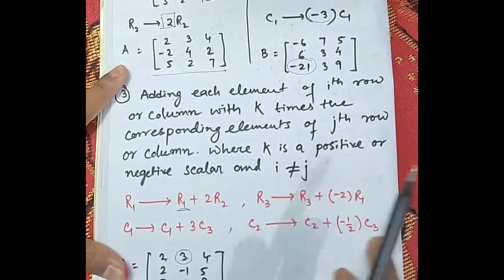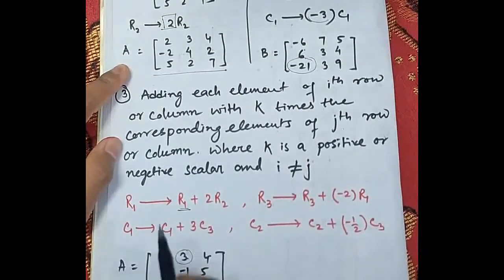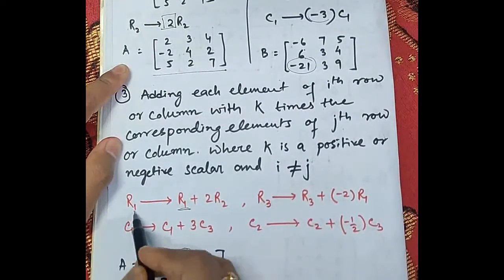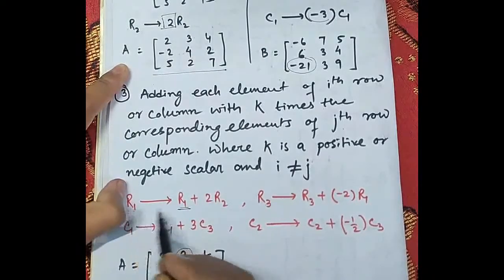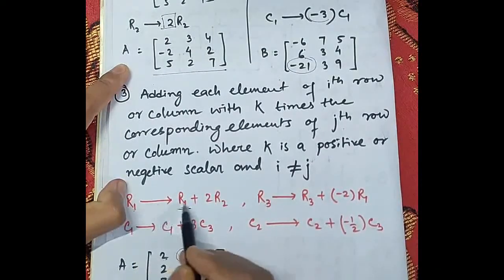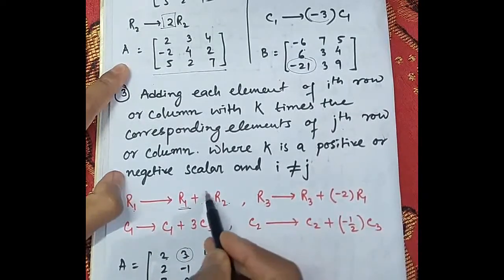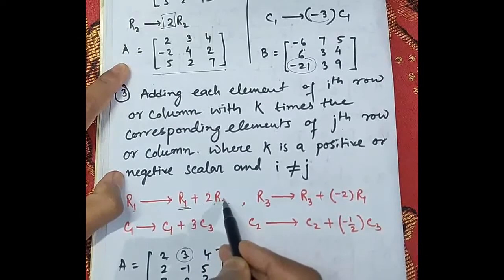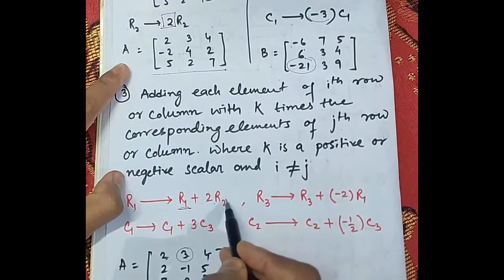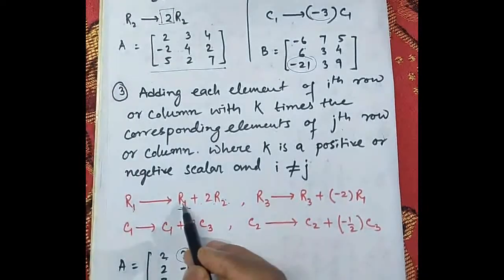What does it mean? Just see the operation, it will be clear. If we want to change R1, you have to change R1 like this: R1 plus 2 into R2. That means multiplying a scalar with the elements of another row, and then adding it to the row which you want to change.